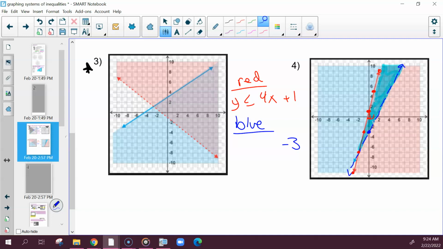That looks like it follows, but let's keep going. Up 2 over 1. It had to be less than 4 because this one's not as steep as this one.